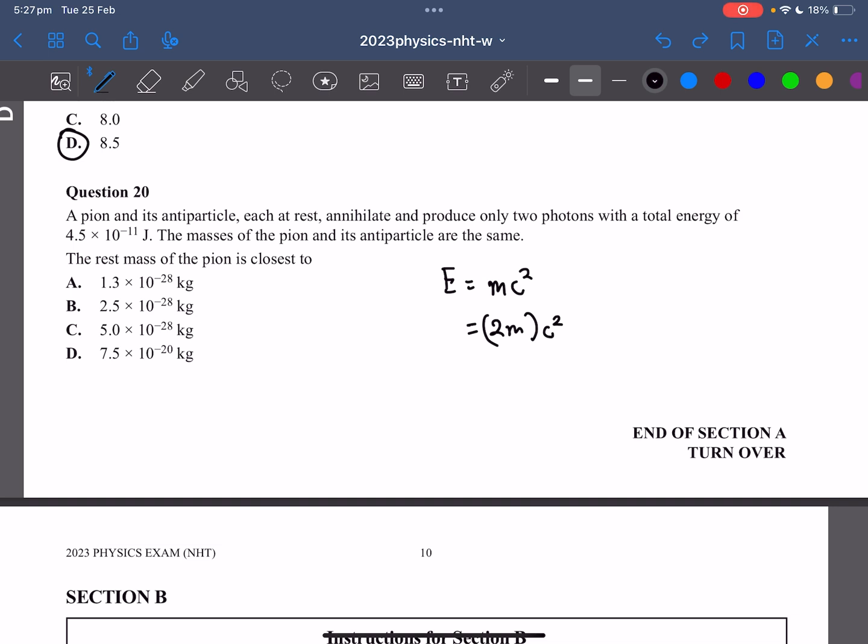Okay. So 4.5 times 10 to the minus 11 is equal to 2 times m times (3 times 10 to the 8) squared.